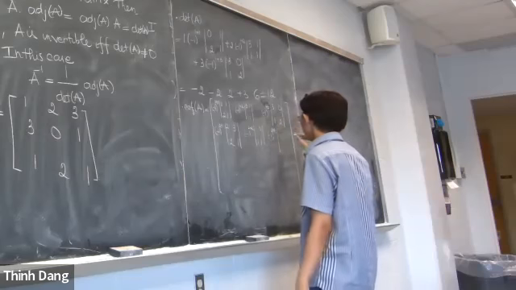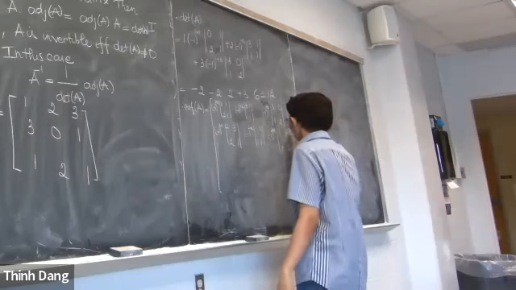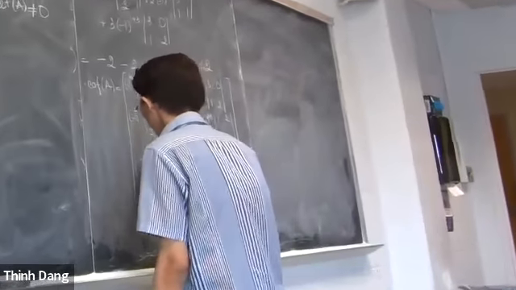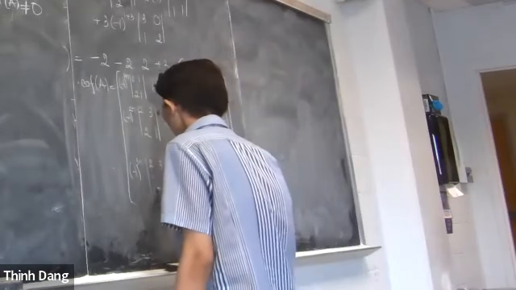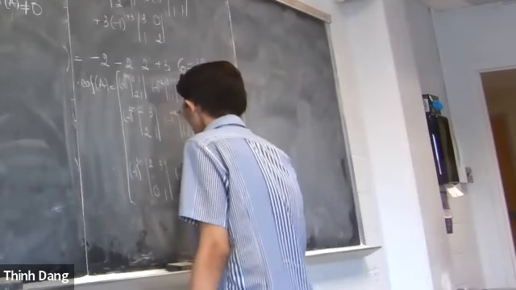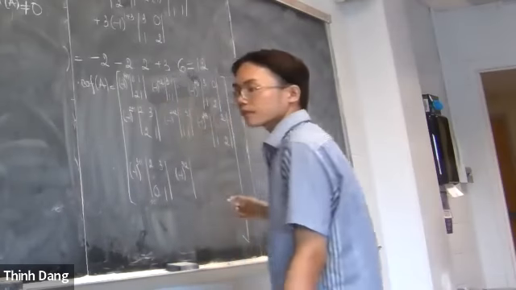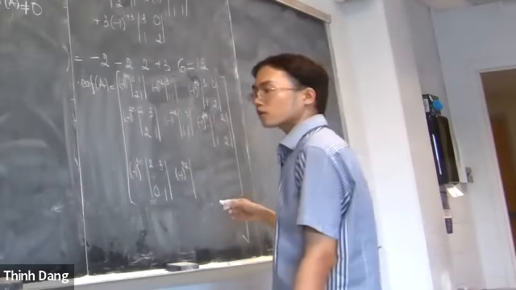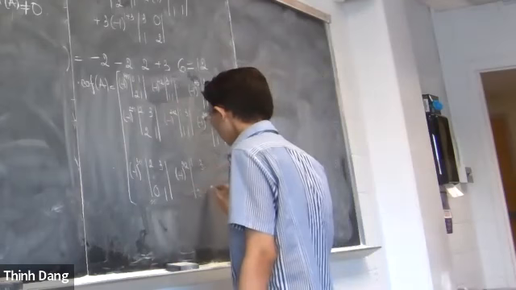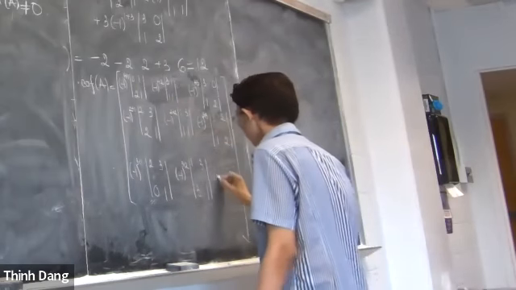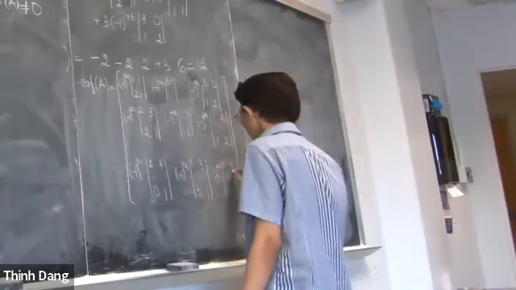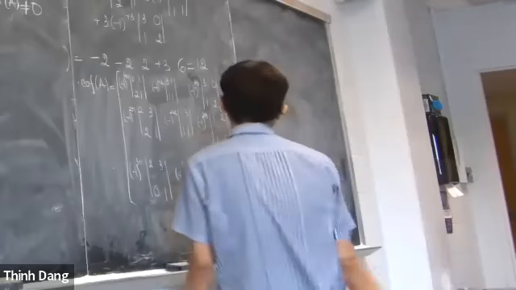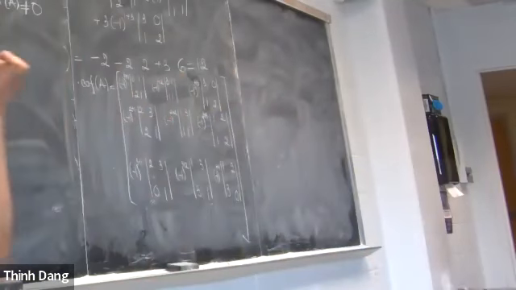So it should be 1, 2, 1, 3. Then 1, 3, 3, 1, and 1, 2, 3, 0. So this should be the formula for the cofactor matrix of A.